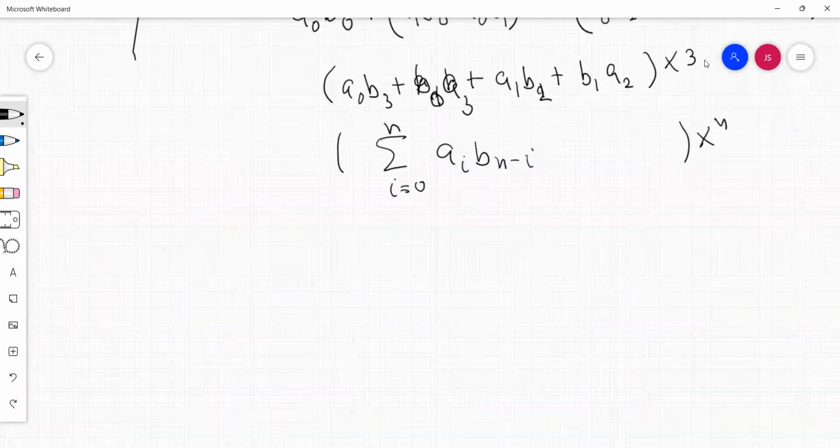Okay, another definition. Composition of generating functions.